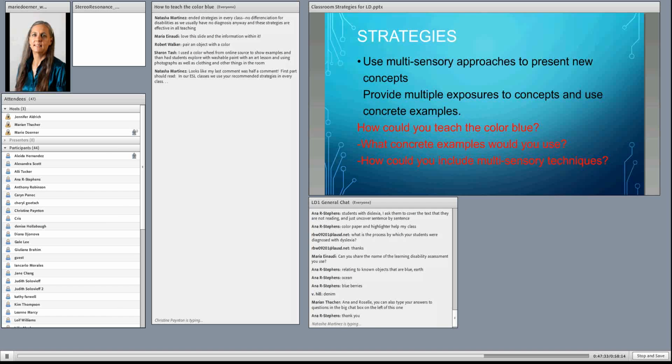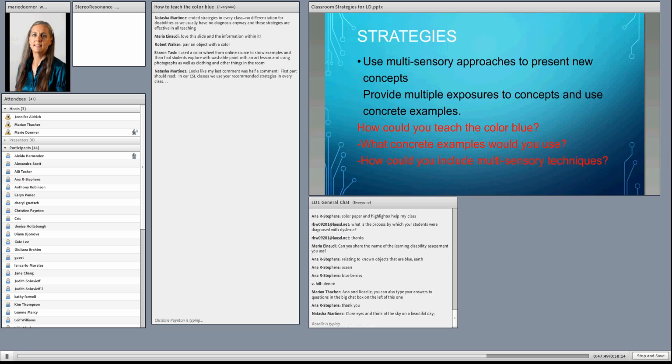One of the things that's really important is to show what is blue and what is not blue. On my slides, I have blue slides, very light blue at the top and very dark blue at the bottom.